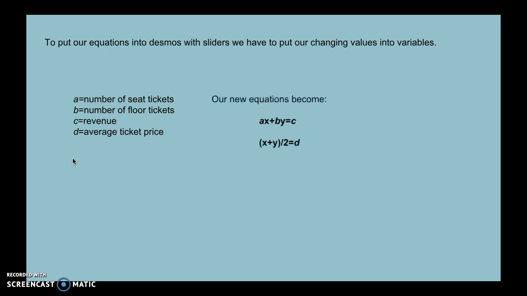So you can just plug those into our original equations: AX plus BY is equal to C. So instead of 500X plus 250Y, you have A and B in place of those numbers. This will make more sense when I get to Desmos and start using the sliders.